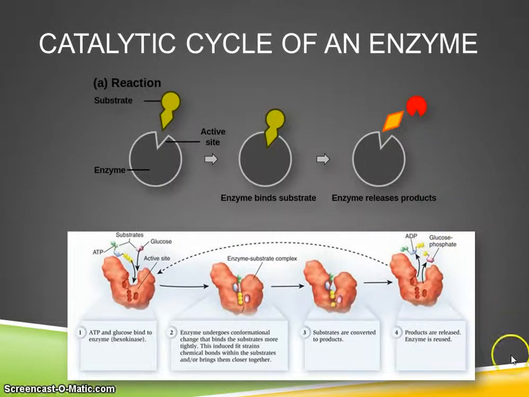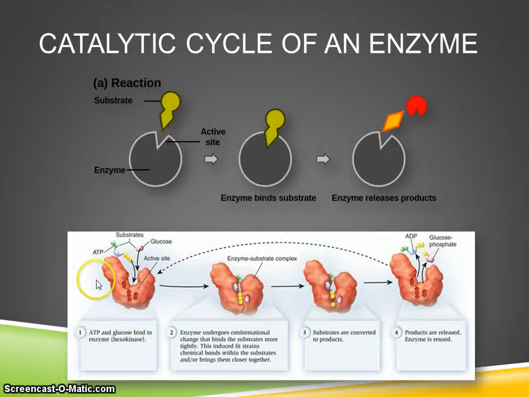And in the bottom here, we can see the steps of an enzyme catalyzed reaction, and the specific example here involves the enzyme hexokinase, which binds glucose and ATP. And the products are glucose phosphate and ADP, which are released from the enzyme.